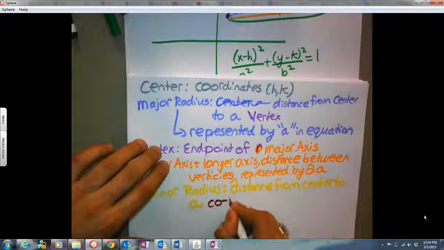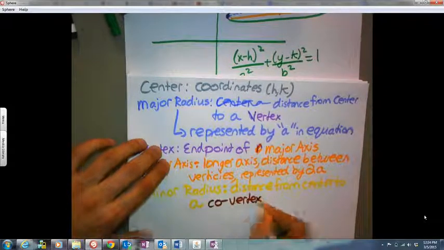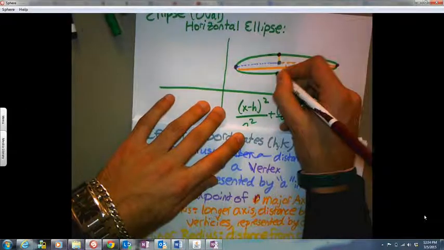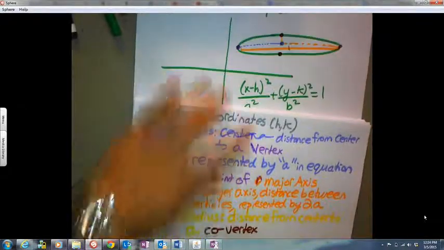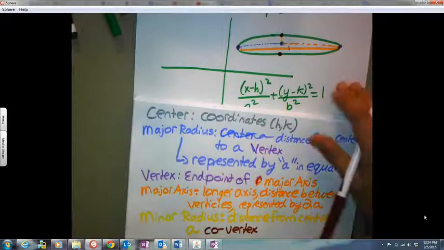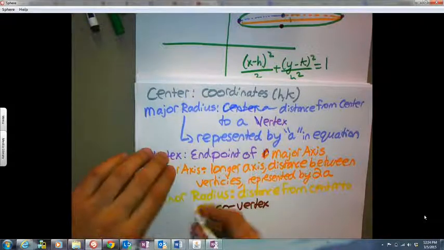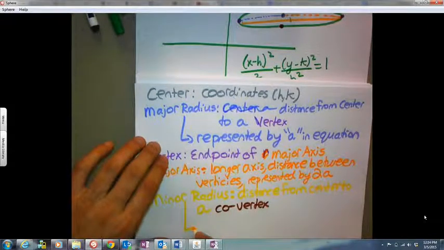These are called the covertices. And notice that the colors are matching up with what we're doing here. The minor radius is represented by b.